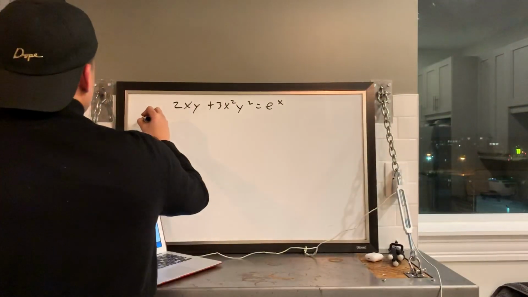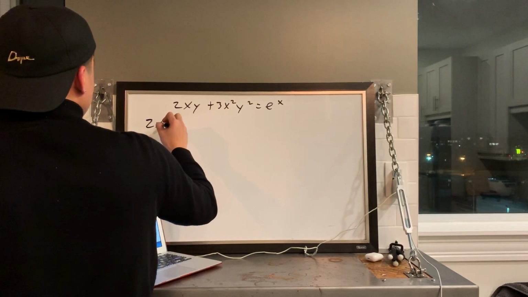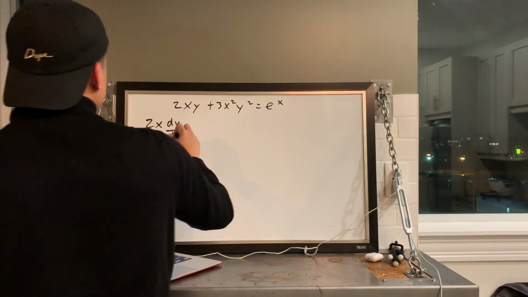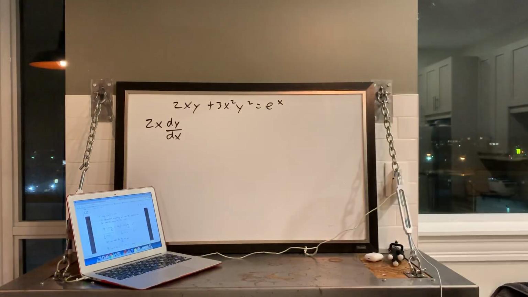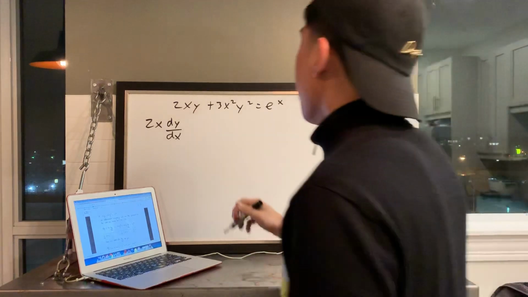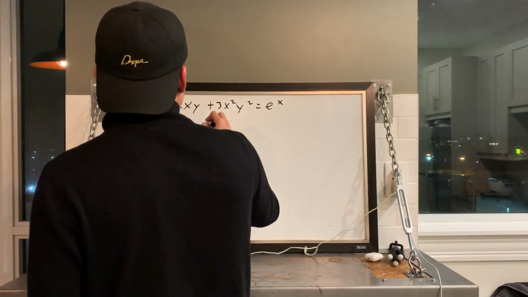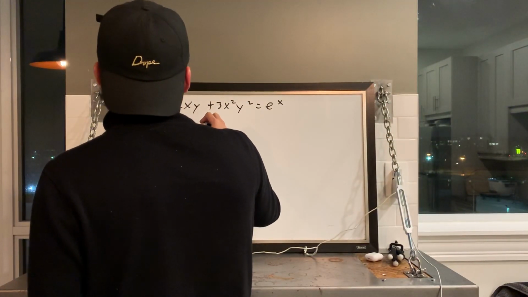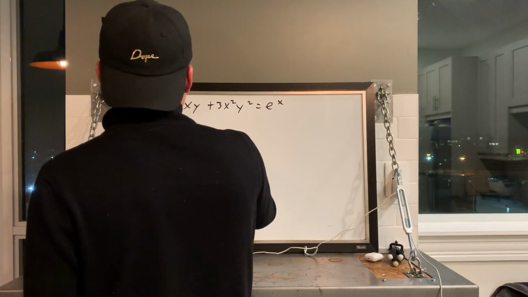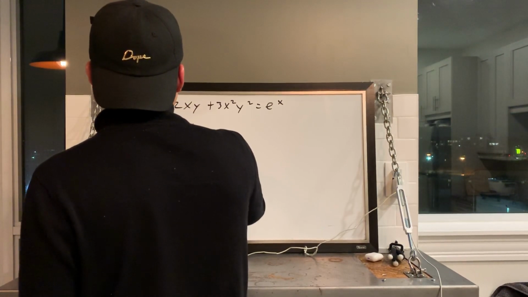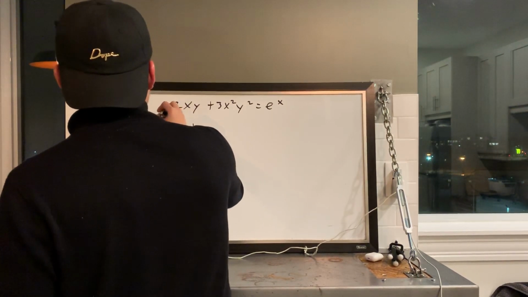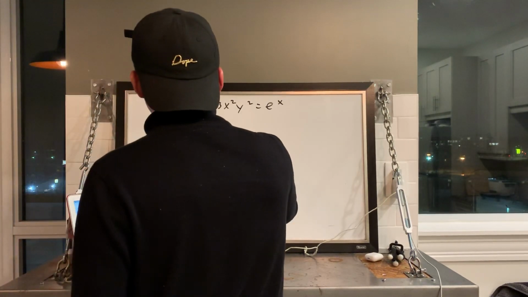So I go 2x dy dx, because the derivative of y itself would be 1, but then you do the chain rule, so dy dx, plus, it's a product rule, so 2 up there.